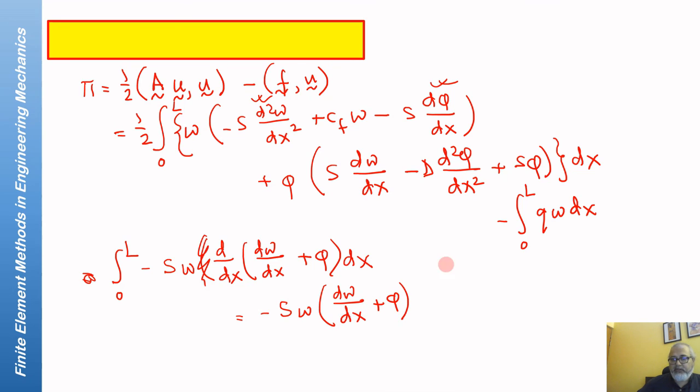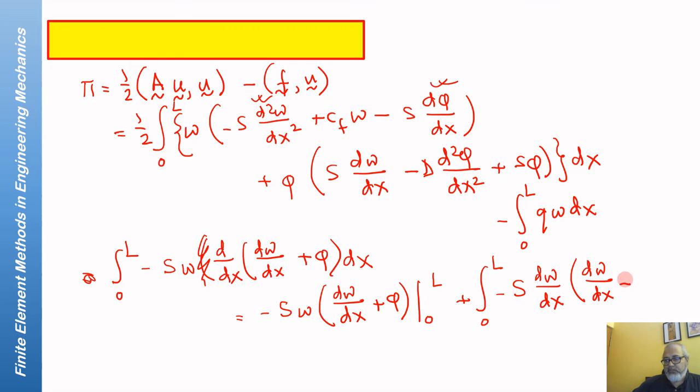And then if you now apply integration by parts, you will get minus sw into dw dx plus phi at 0 and L, plus 0 to L, minus s dw dx into dw dx plus phi dx. Now in the problem, boundary conditions are specified either on w or on this.